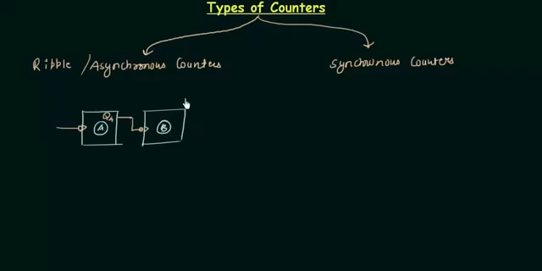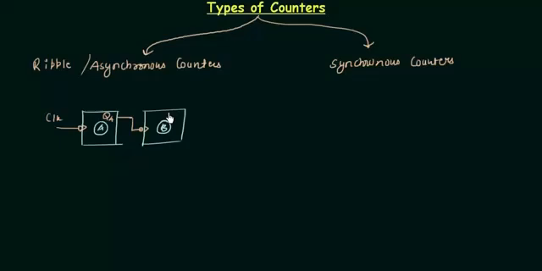In this case this is the last flip-flop, but you can also have 3 or 4 flip-flops, so this will be our next flip-flop. So this is what we have to do in the asynchronous counters. This is my clock, it is given to the A flip-flop, and then the output of the A flip-flop will act as the clock of the B flip-flop. This is all that you have to keep in your mind regarding the asynchronous counters or the ripple counter.